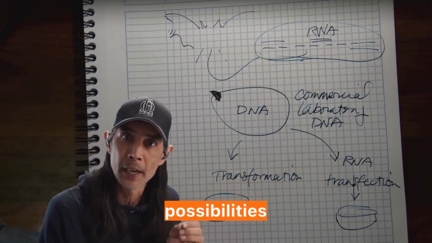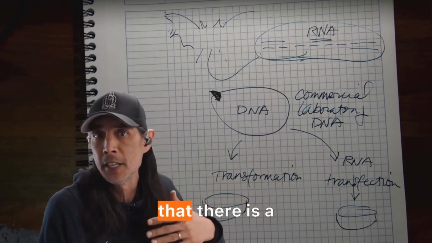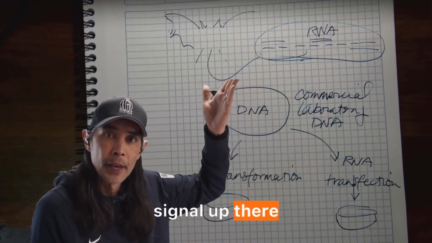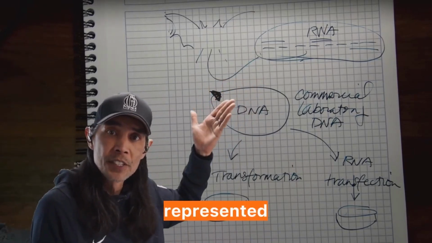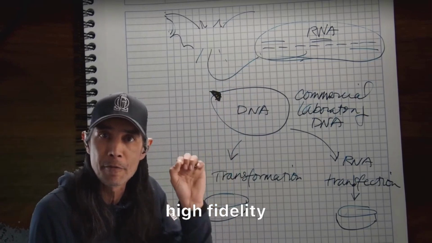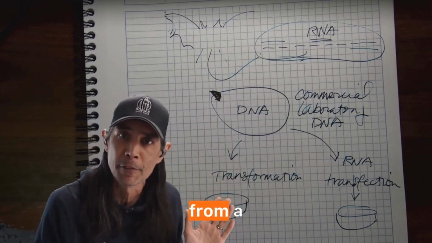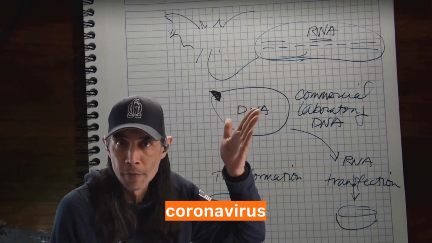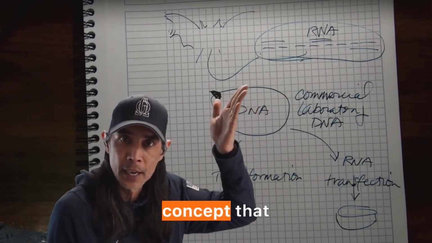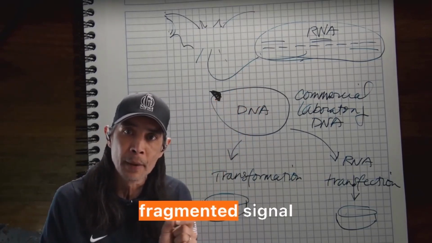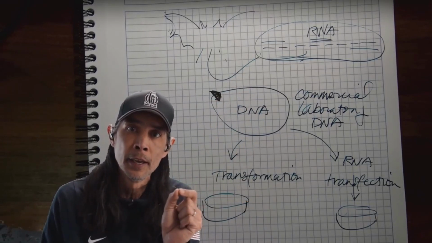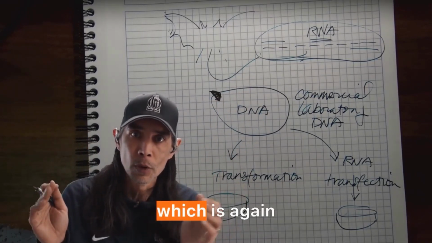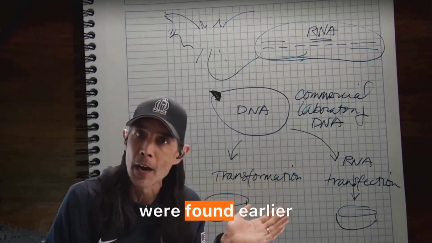And so one of the possibilities that happened in the pandemic is that there is a loud, incredibly loud background signal out there, and they have represented that as a very high fidelity signal that they can differentiate from a background when they really cannot. And in fact, most of coronavirus biology is based on this concept that they find a broken, fragmented signal, they assume the whole signal, which is again based on fragments that were found earlier, I guess.